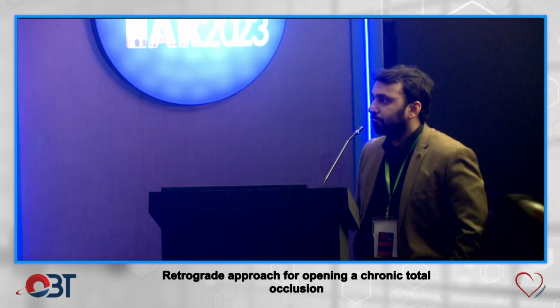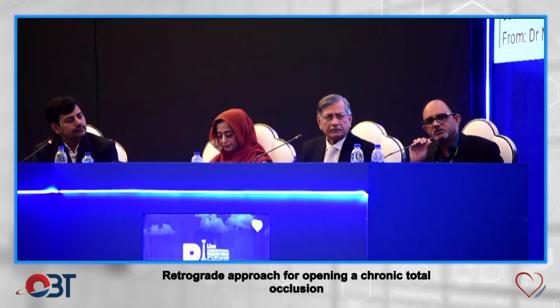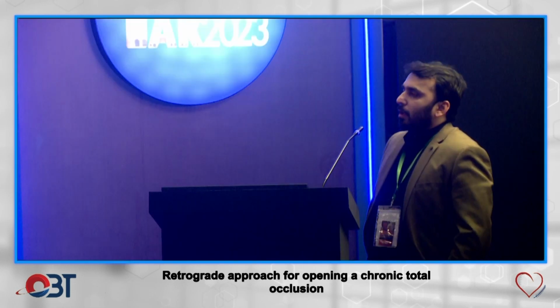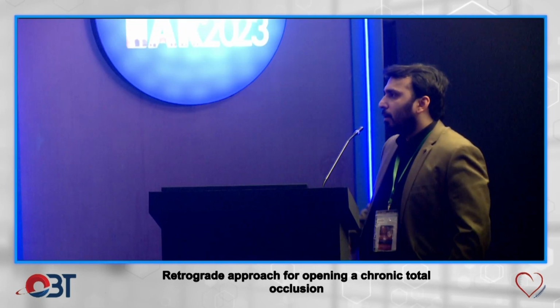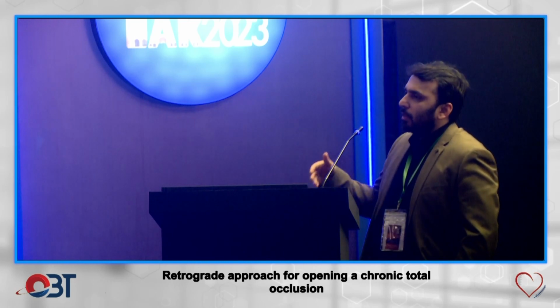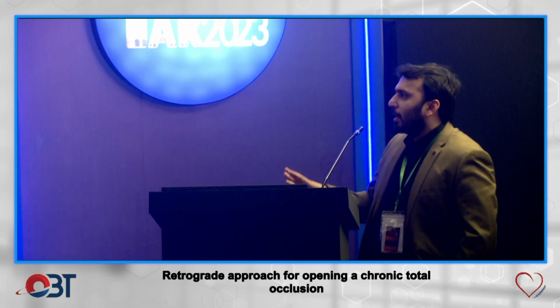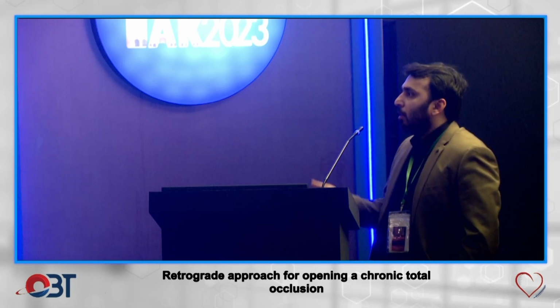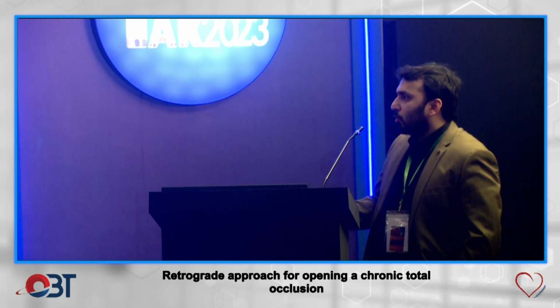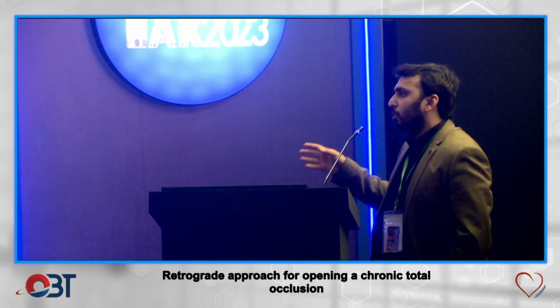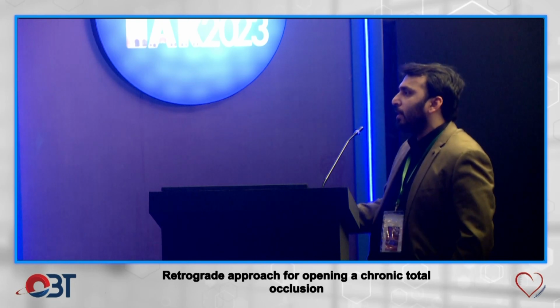And what was the rationale to fix the LAD after the RCA, not before the RCA? Yes, okay, you are right. When I tried to cross the Sion Black through the septals, it was in my mind that I may need to fix the LAD before the RCA as I'm going retrograde now. When I crossed the Sion Black followed by the microcatheter, I looked at my patient, looked at the ECG, the pressures all remained stable.